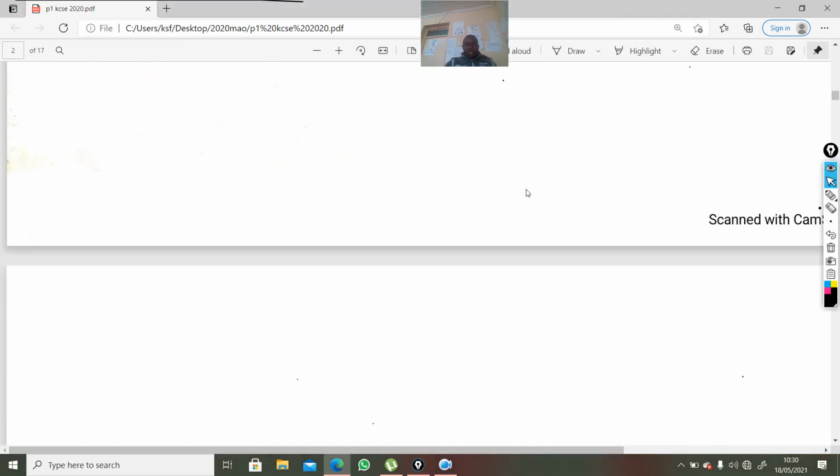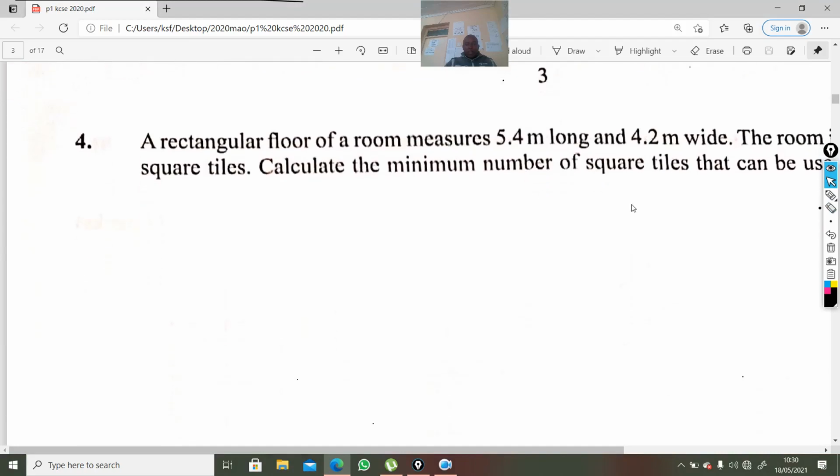The question is talking about a rectangular floor. A rectangular floor of a room measures 5.4 meters long and 4.2 meters wide. The room is covered with square tiles. Calculate the minimum number of square tiles that can be used to cover the floor.